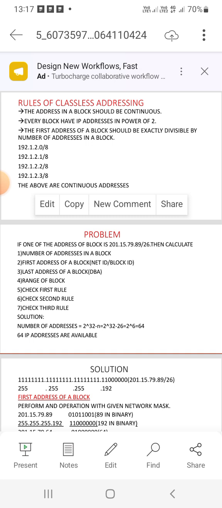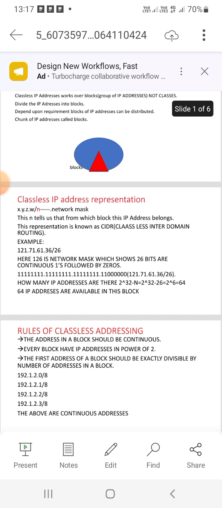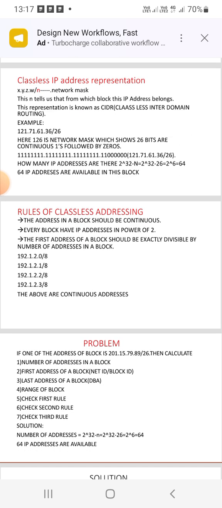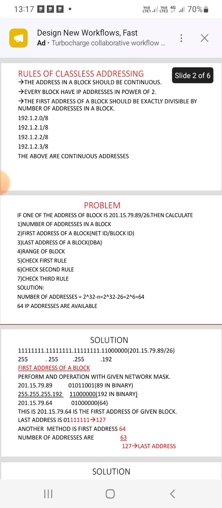Calculate the number of addresses in the block, the first address, the last address, and the range of the block. Then check the first, second and third rules. The first rule: addresses in a block should be continuous. The second: every block should have a number of addresses in a power of 2. The third: the first address should be exactly divisible by the number of addresses in the block.